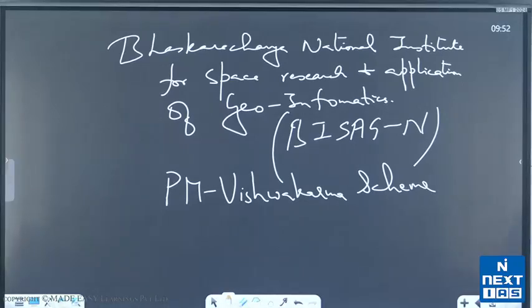In mains, they can straight away ask you to analyze these schemes in sometimes 150 words. There's been as direct a question as, explain SLBP scheme and its impact on welfare. So they directly ask you the scheme and ask you to talk about its welfare.